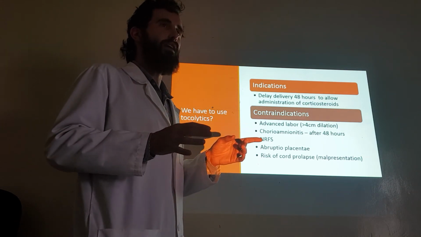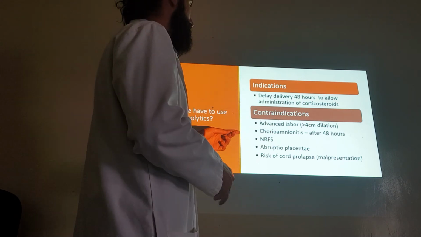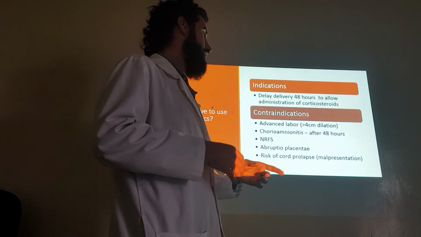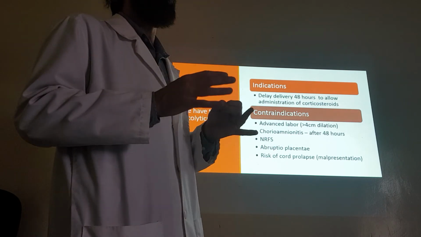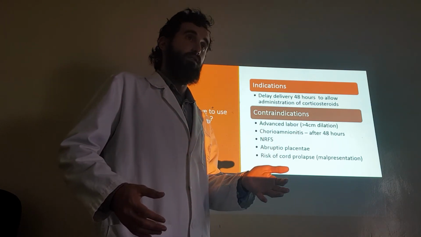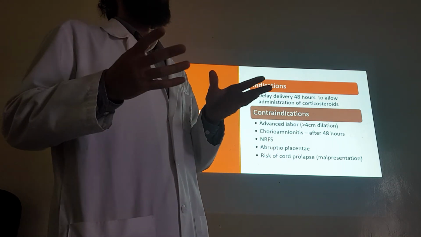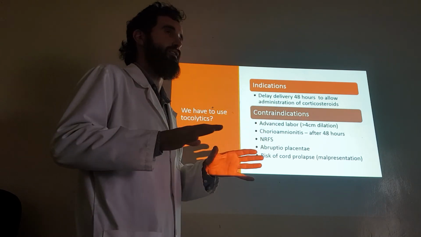But there are many contraindications that we will see, which are the same indications to interrupt the delivery: advanced labor, over 4 centimeters of dilation, Corioamnionitis, or just to have the rupture of membranes after 48 hours. This is very important because the patient is probably colonized and we can't give tocolysis. Okay?